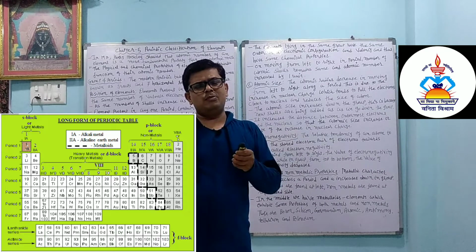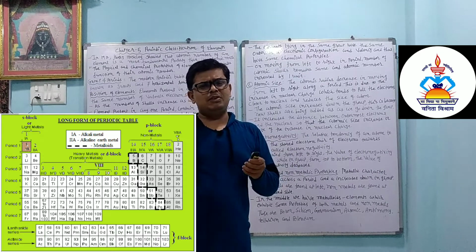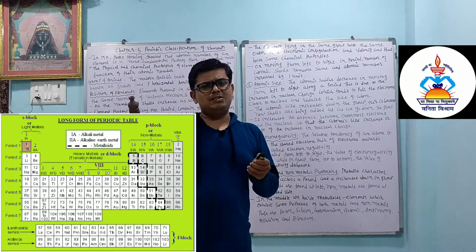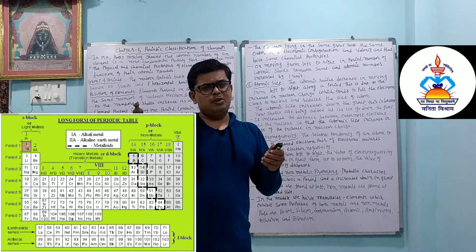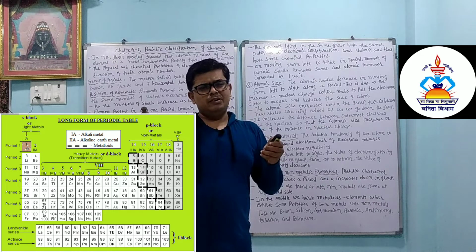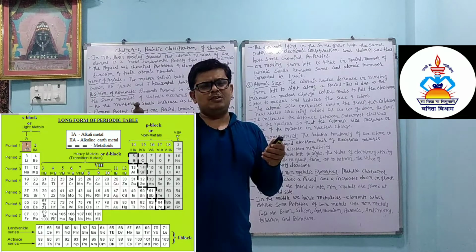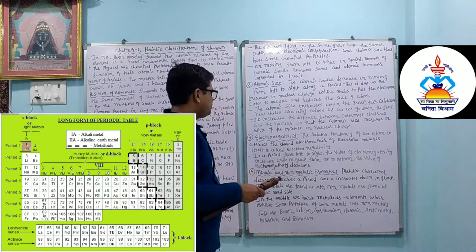Electrons enter into a new orbit, and because of that, the attraction between the valence electrons present in the outermost orbit and the protons in the nucleus also decreases, because the distance between the protons in the nucleus and the outermost electrons increases. So in the group the size of the atoms increases.